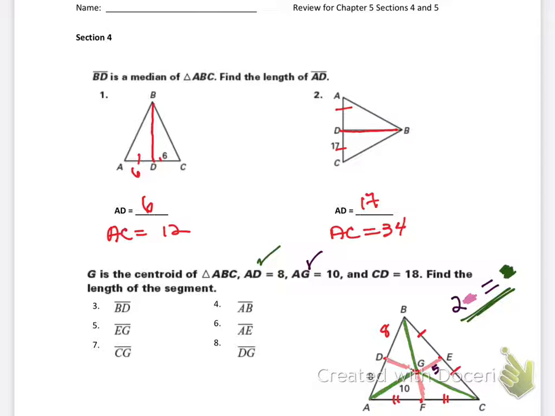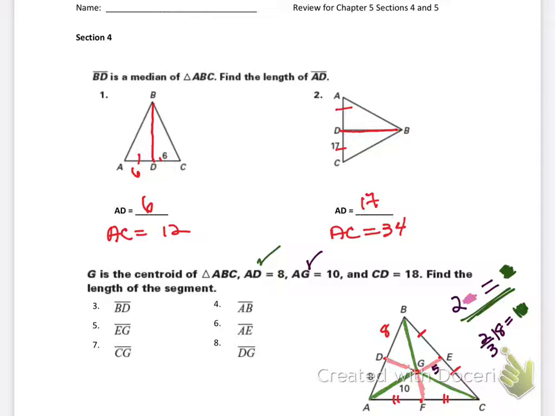And then CD. Okay, so CD is that whole median. So I know that 2/3 of CD is going to equal my green piece. Okay, so how do I do that?